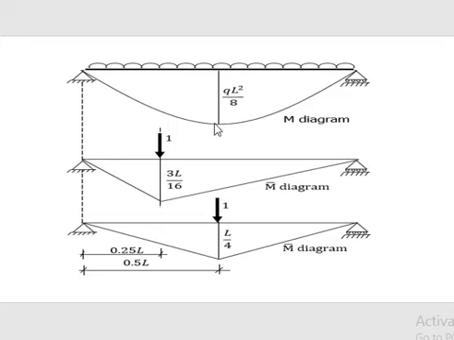So we now have three moment diagrams. The first one is the M diagram, the second and third one are the M bar diagrams. So what we need to do is to multiply the area of this parabola with the ordinates to get our displacement. So instead of doing the regular calculation, what you need to do is just to lift the formulas we have on the table.